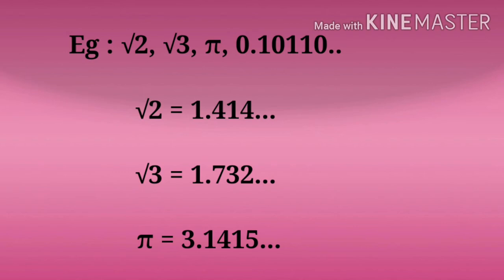Then 0.10110, etc. And what is the value of root 2? Root 2 is equal to 1.414, etc. Root 3 is equal to 1.732, etc. And what is the value of pi? Pi is equal to 3.141592, etc.